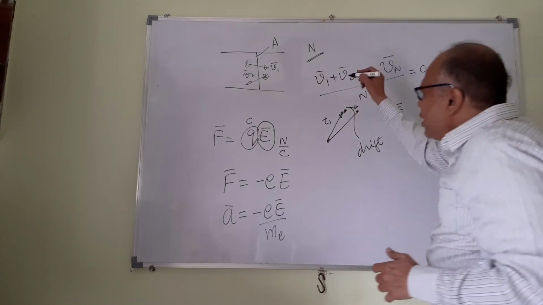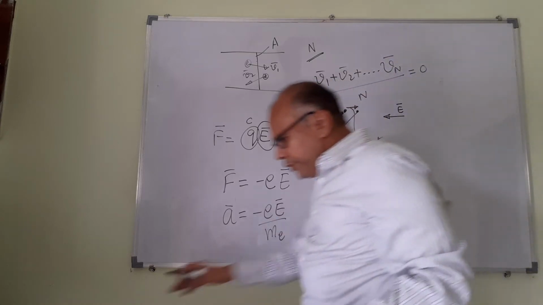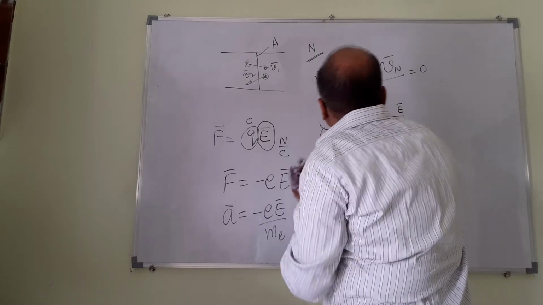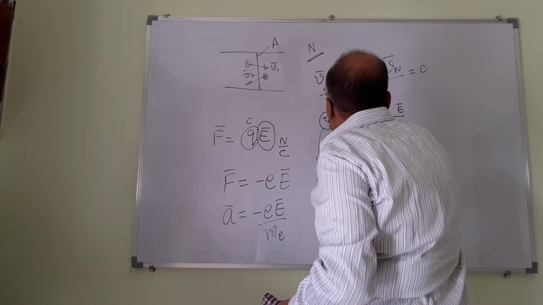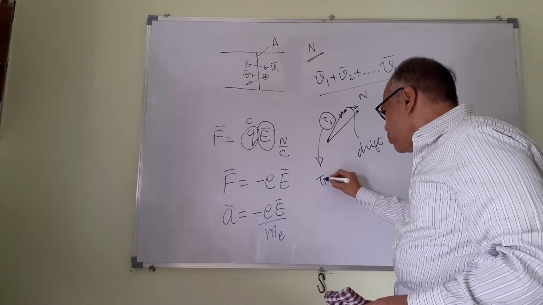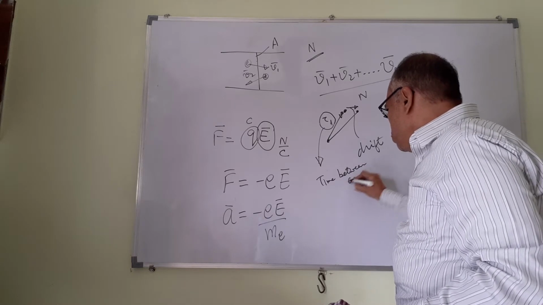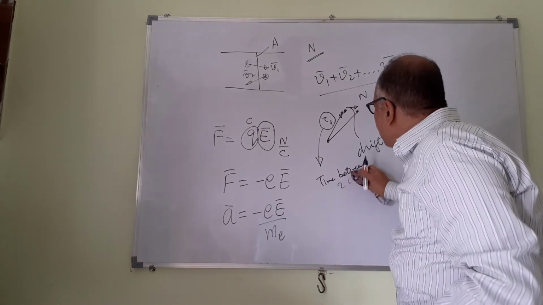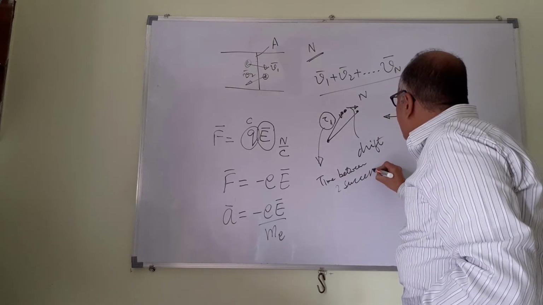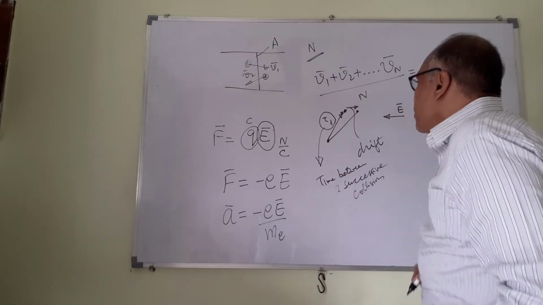This t1, sometimes they call it tau 1, so I'll use that standard notation. So tau 1 is the time between two successive collisions.